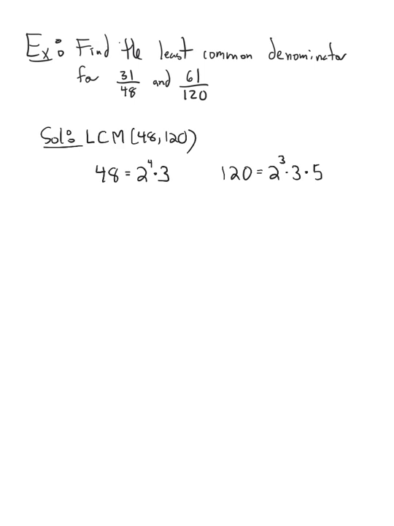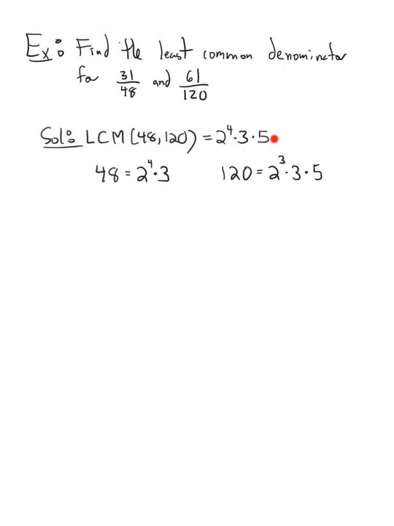Okay, so remember the least common multiple, take your prime factorizations and take the greatest number of each of the primes for your least common multiple. Here we have 4 2's, here we have 3 2's, so we're going to take the greatest, which is 4 2's. We have 1 3, and we have 1 5. Since here we have 0 5's, here we have 1 5. 1 5 is greater than 0 5's.